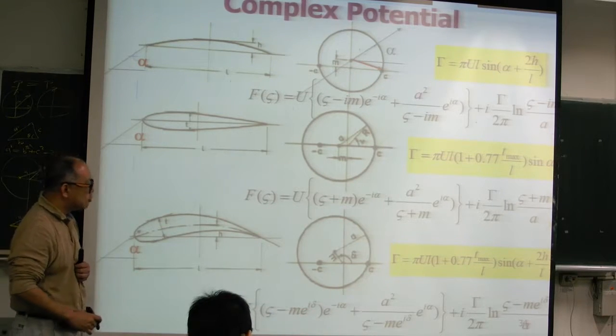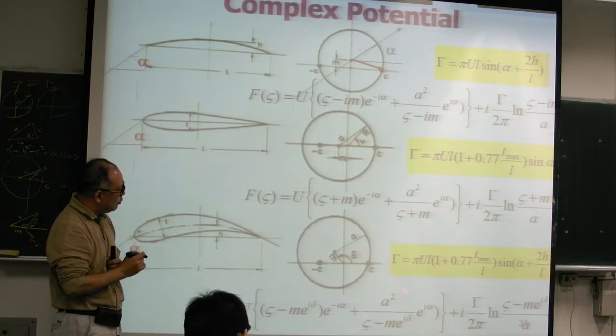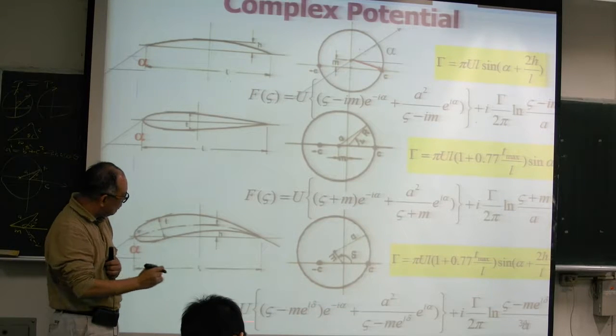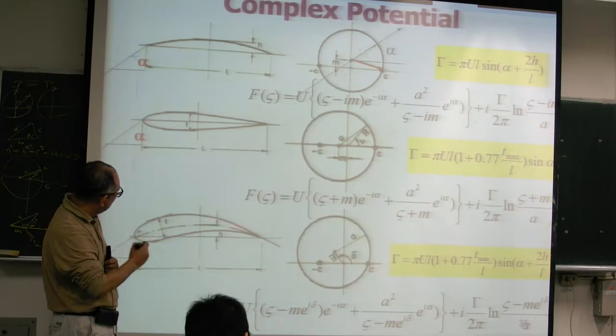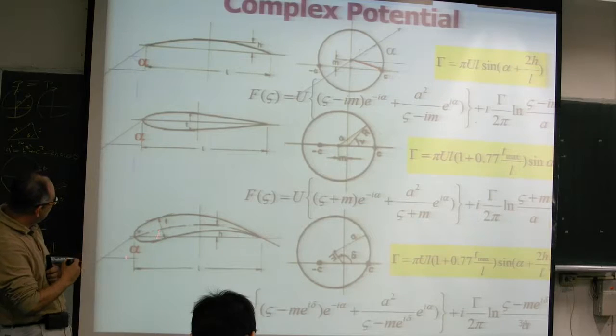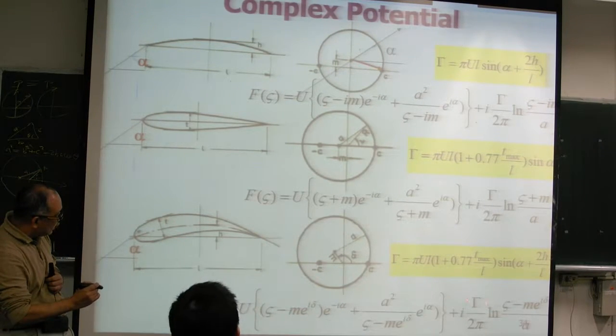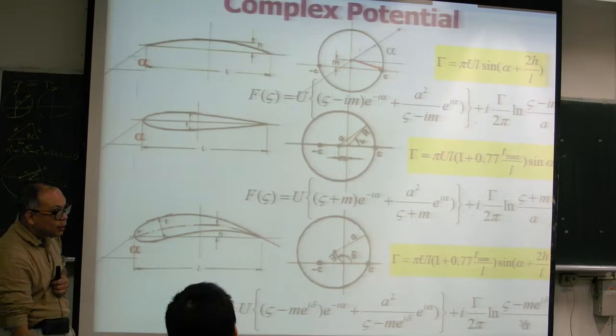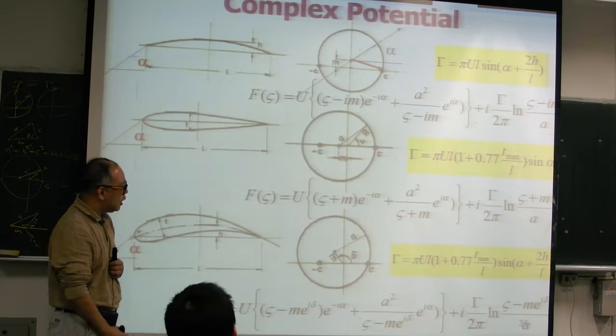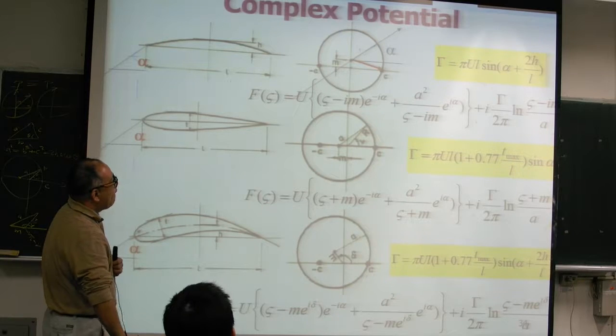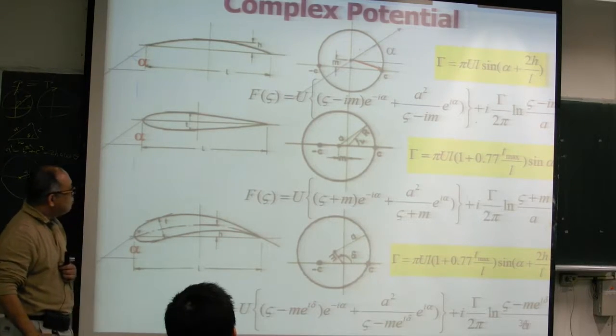You can superimpose them together to give you the circulation. So gamma here, for flow over the Joukowski airfoil with thickness and camber effect, should use this in order to satisfy our Kutta condition.